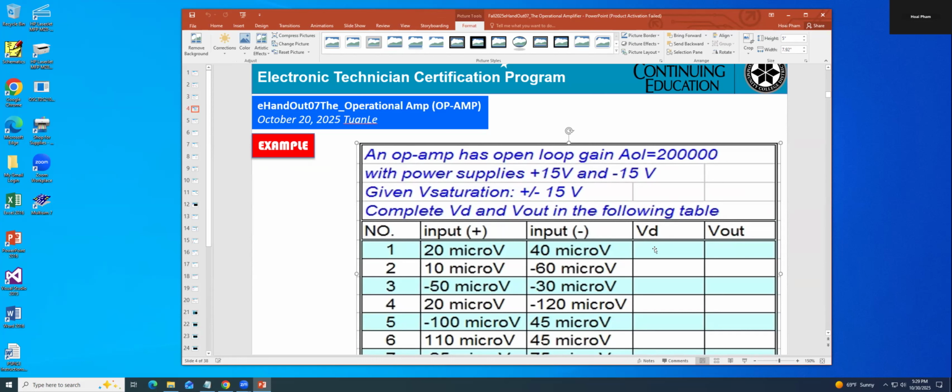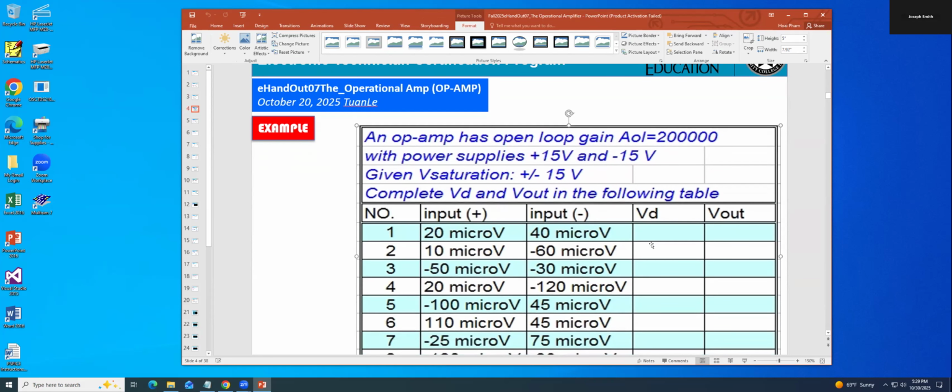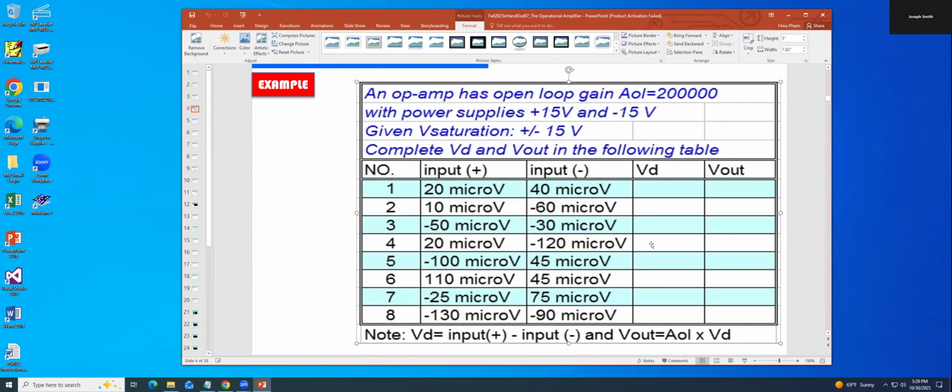VD should be 20 microvolts, minus, I think. Is it minus, right? You need to open your screen at the bottom, Mr. Pham, so we can see that formula. Yeah, there you go. So VD is going to be the plus input minus the minus input.